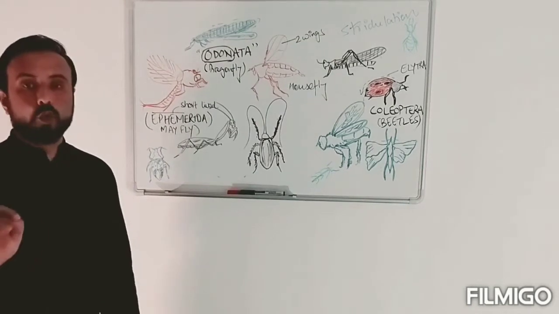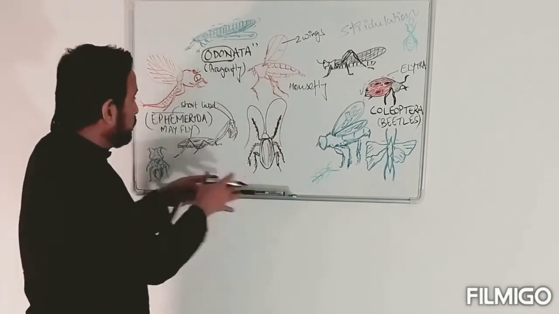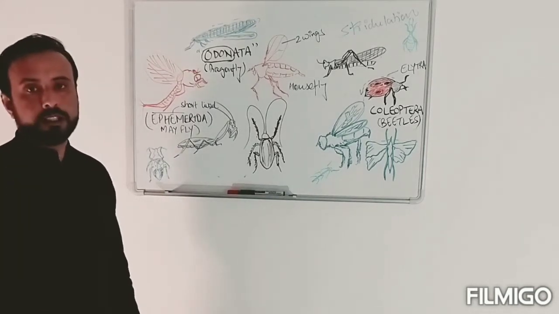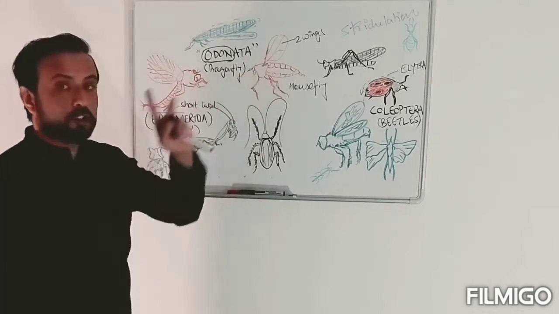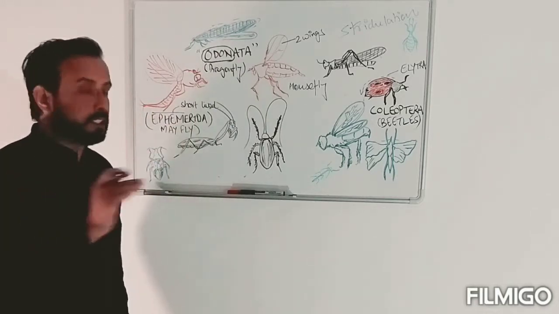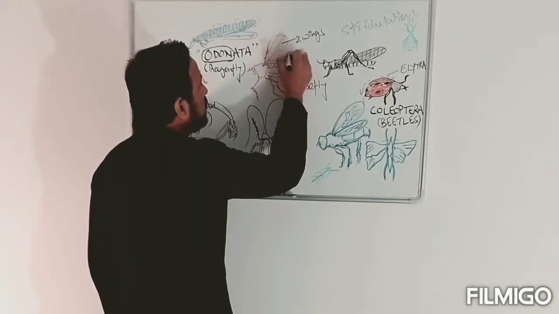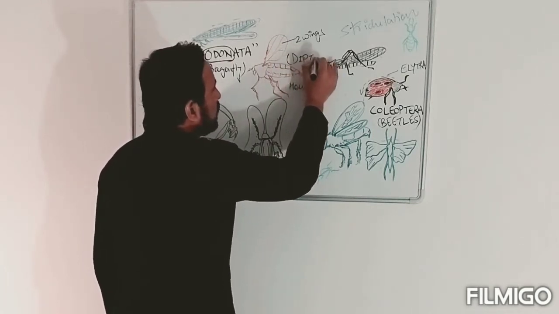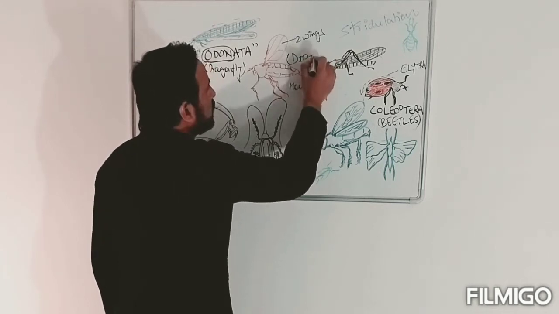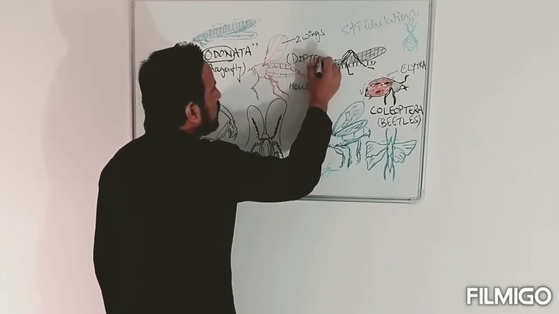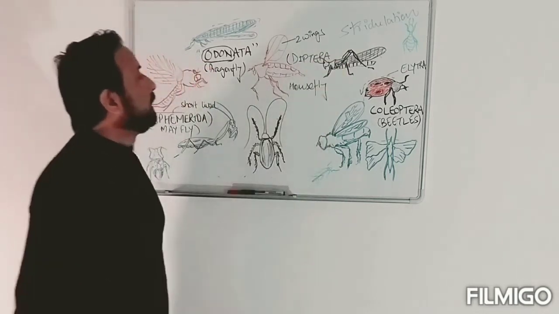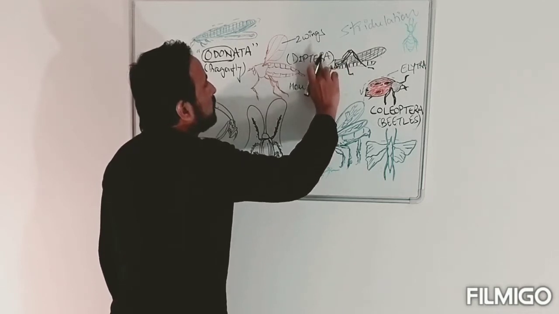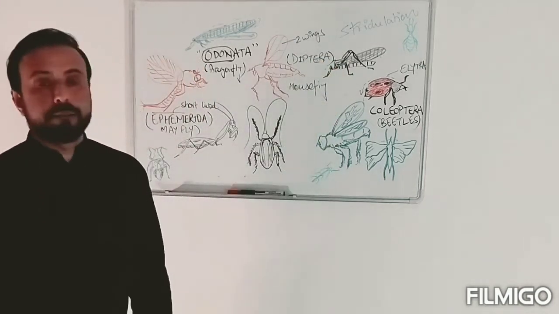Other insects which I have drawn have 2 pairs of wings, that means 4 wings, and this only has 2 wings. On the basis of this, they are said to be of the order Diptera, right?